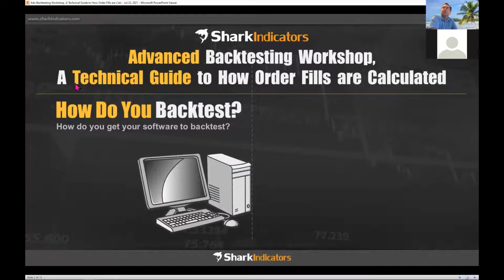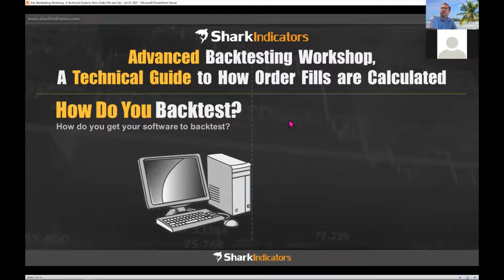And so I'm going to go over the technical details of how order fills are determined, or calculated, by your trading platform, right? Now, I'm most familiar with NinjaTrader, but what we're going to talk about here is basically the same concepts across all trading platforms.